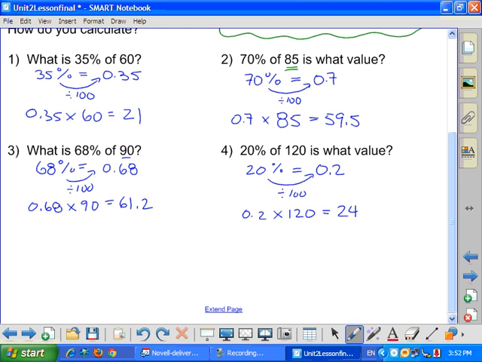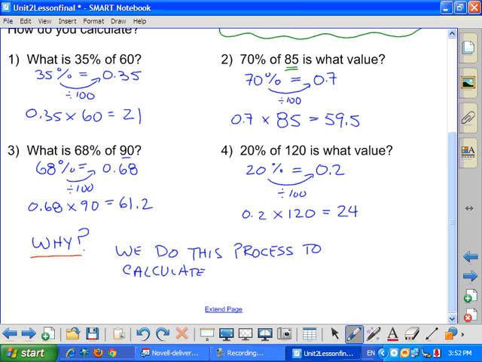So why are we doing this? I guess this is the final statement here. We do this process to calculate taxes. In the next lesson, we're going to actually go through and calculate sales tax.